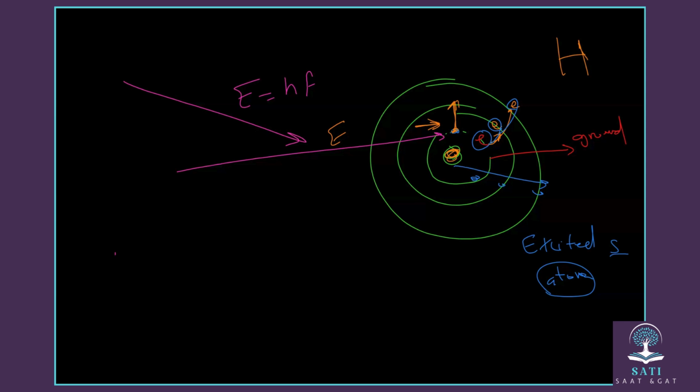The energy given can be the energy of light, of a specific wavelength or color. When this energy is given to the electron, it absorbs the energy of that photon of light and is transferred to a higher energy level. In this case, we say the atom is in its excited state.